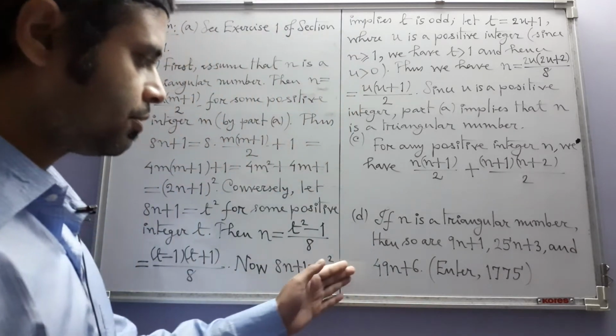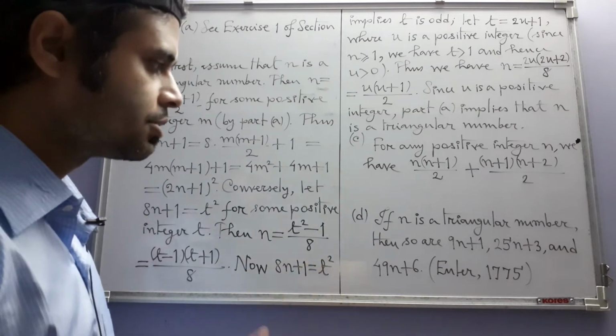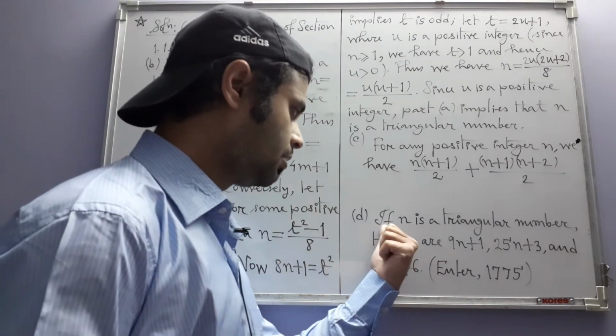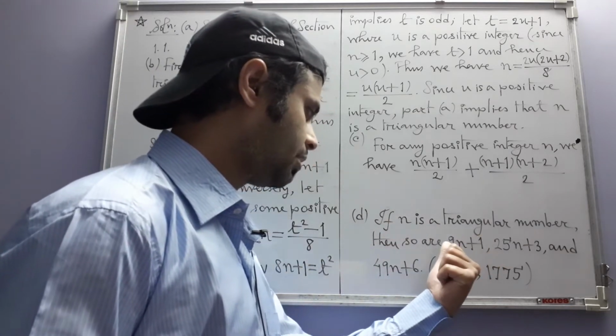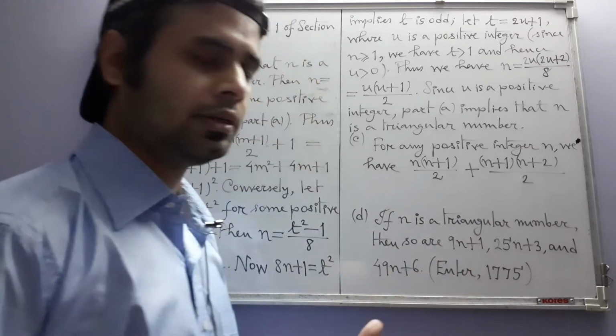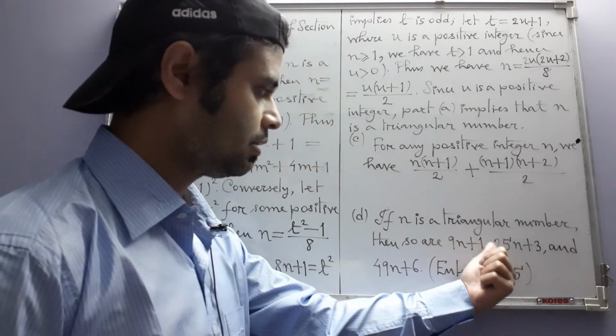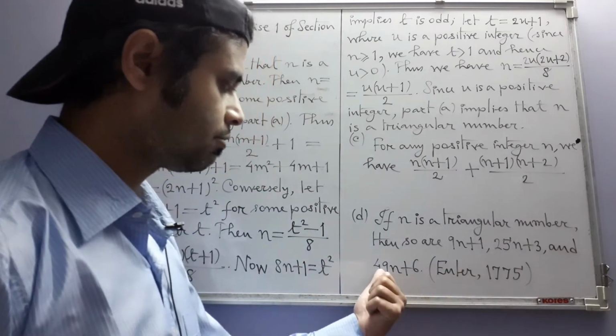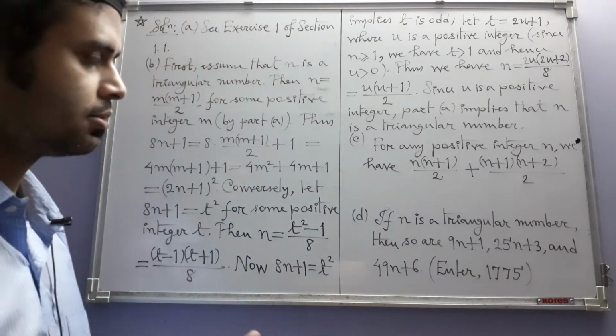Okay, now before we clean this part, let's see this one also by Euler. If n is a triangular number, then so are these other three numbers: 9n plus 1, 25n plus 3 and 49n plus 6.